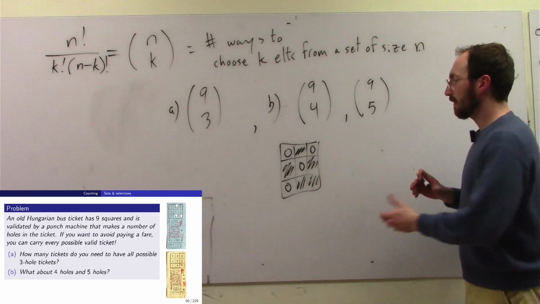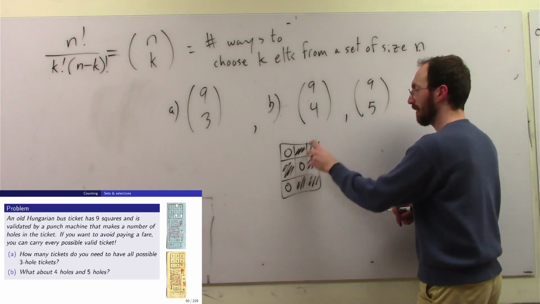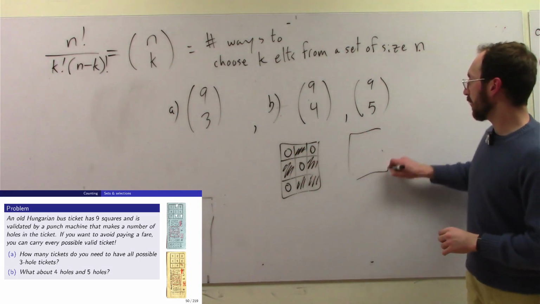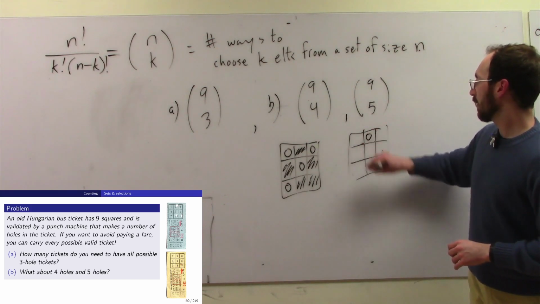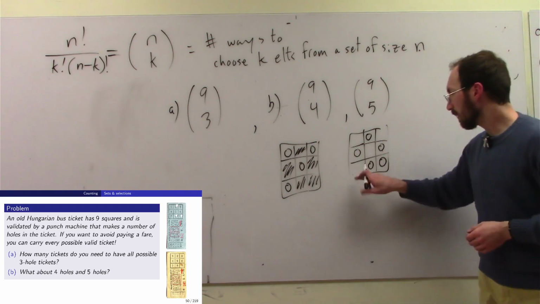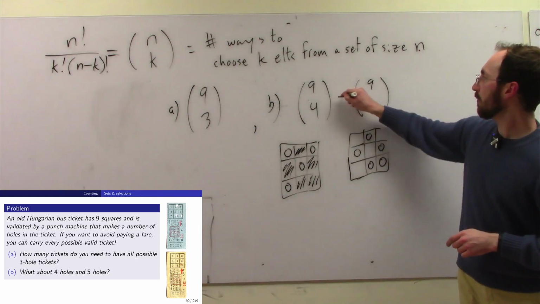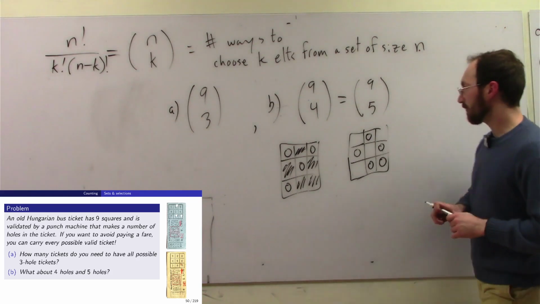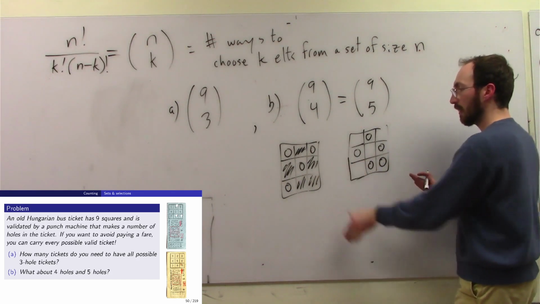In fact, for any 4 punched holes, I can get a similar card with the opposite holes punched in. That is to say, these two are going to be equal: 9 choose 4 and 9 choose 5. They count the same thing, as I was saying earlier.